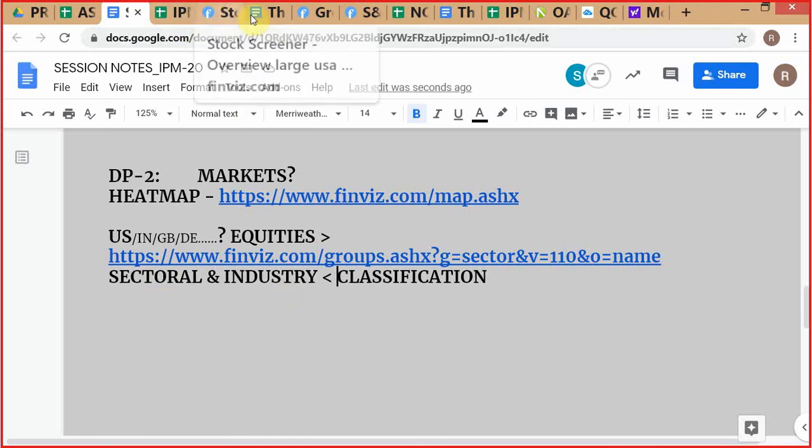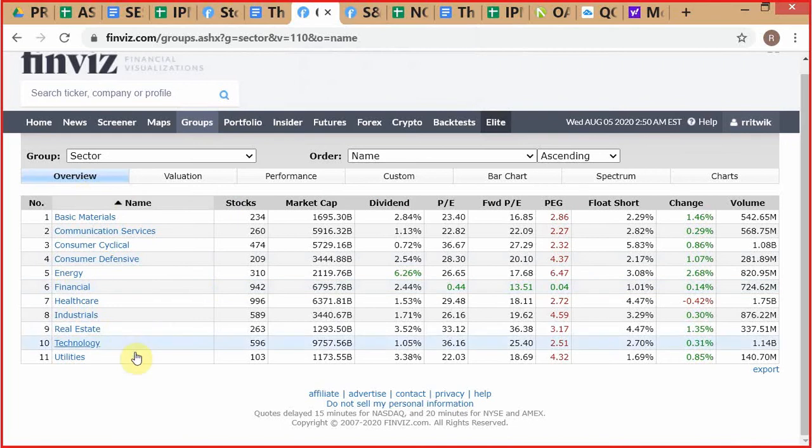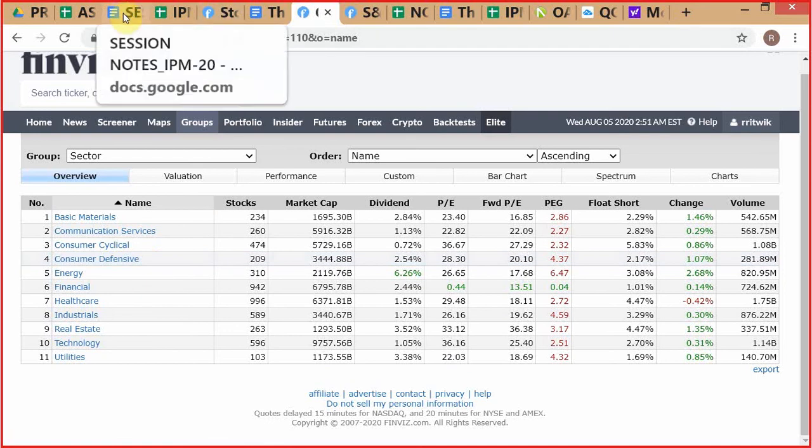So she will look at all the Indian equities and do a sectoral and industry classification. The particular sectors she comes up with may be different from the ones in the US. Maybe she will come up with 8 sectors, not 11, but that's not so important.